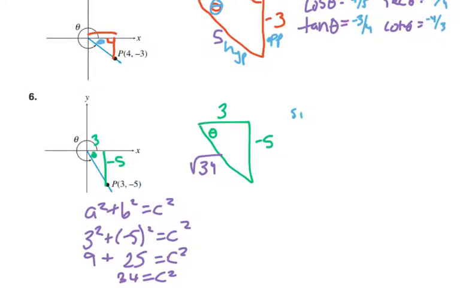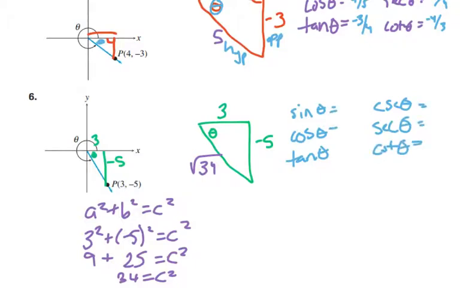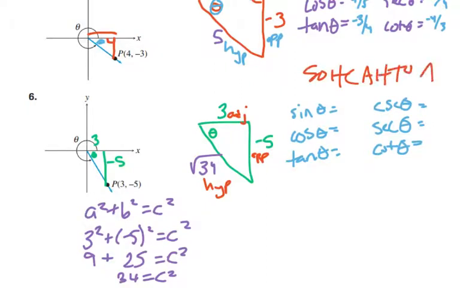And then we're going to do all of the 6 trig identities. So, identifying the opposite, adjacent, and hypotenuse, because we're doing SOHCAHTOA, our sine is opposite over hypotenuse, so negative 5 over the square root of 34.